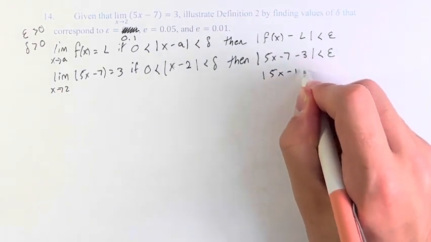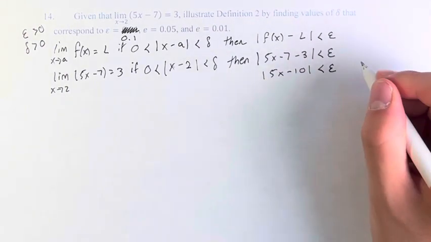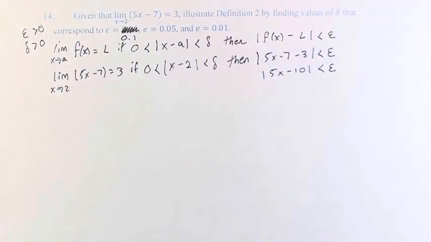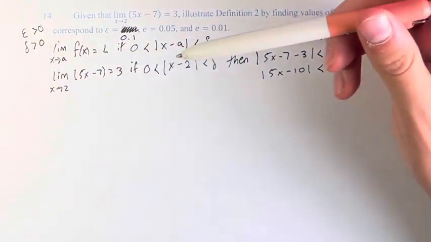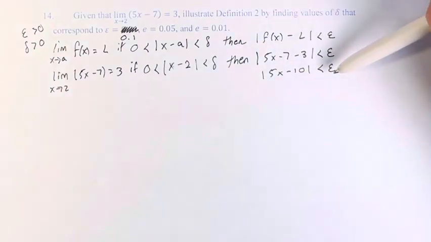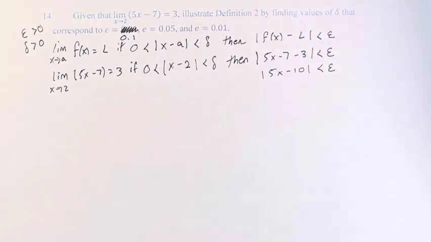Or 5x minus 10 is less than epsilon. So what we can see here is that for whatever epsilon we are dealing with, we can have that correspond to a particular delta.